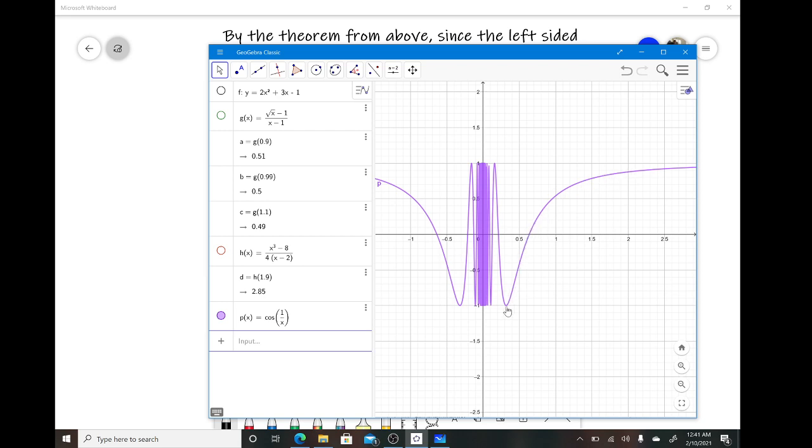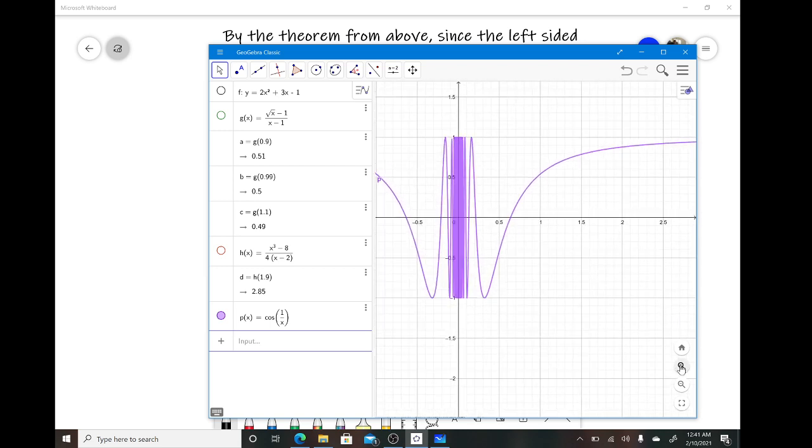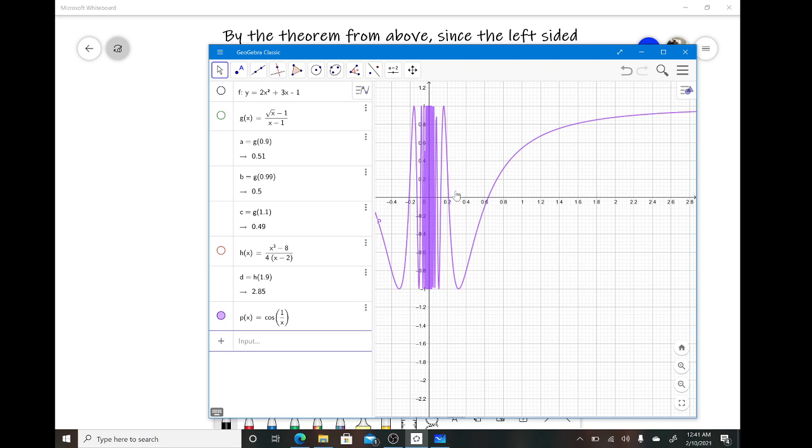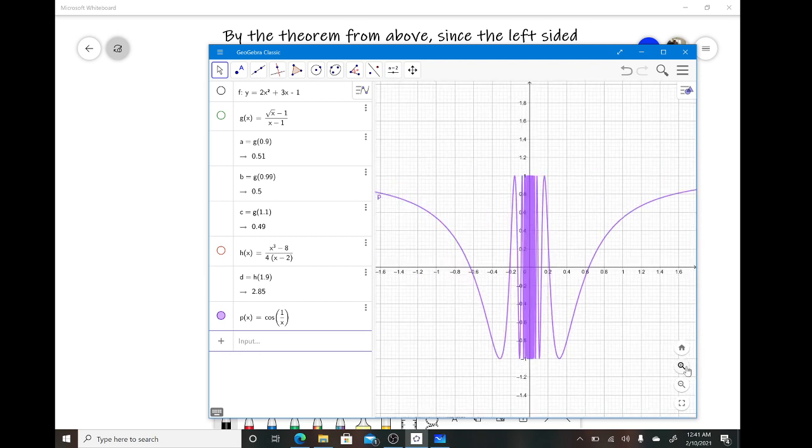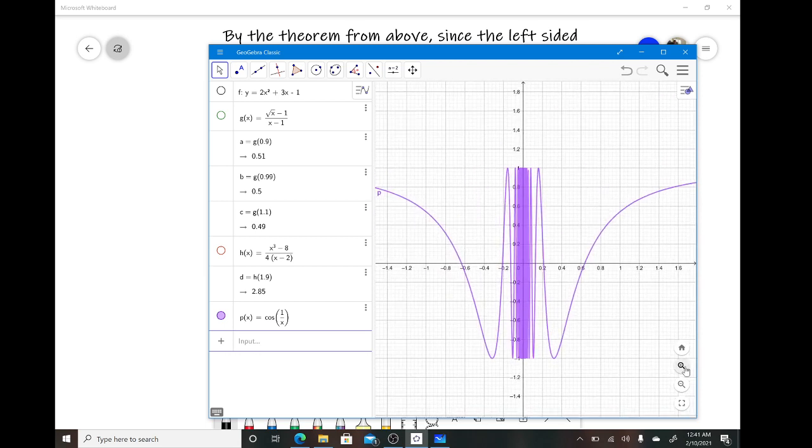And they go down all the way to -1. Then they go back up to 1 very quickly. Then they go back down to -1, and then back up to 1, and back down and back up. To the point that it doesn't even look like there are lines here. It just looks like this is drawn in. If we zoom in, the more we zoom in, the more we will see the lines. But as you can see, things are moving very quickly here.